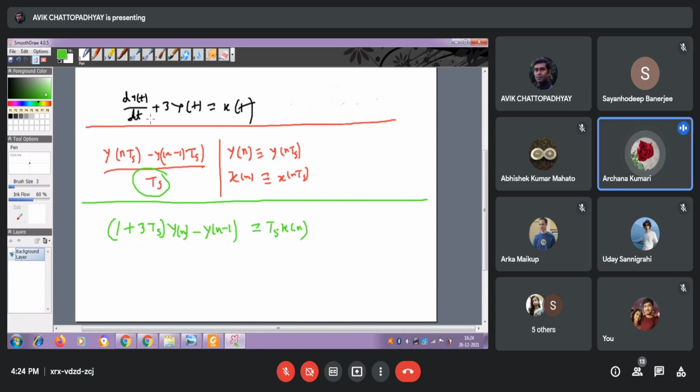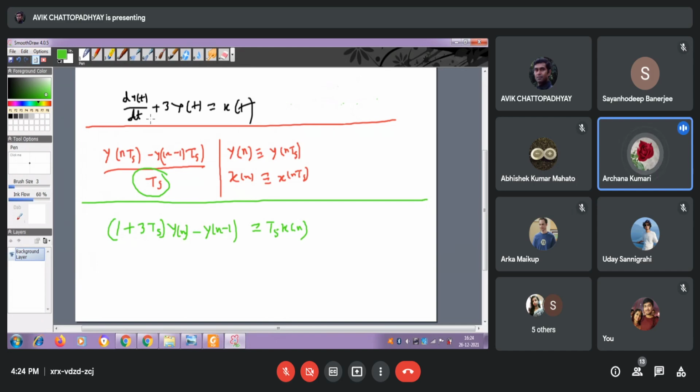Okay, let's assume dy by dt as z, okay? So my d2y by dt square will be dz by dt, isn't it? If anybody has any question or any objection, you just stop her and ask. Now dz by dt is zn minus 1 by ts, and I assume my z to be dy by dt.